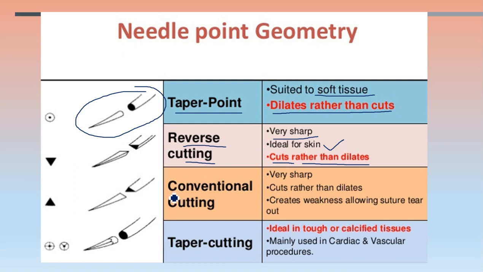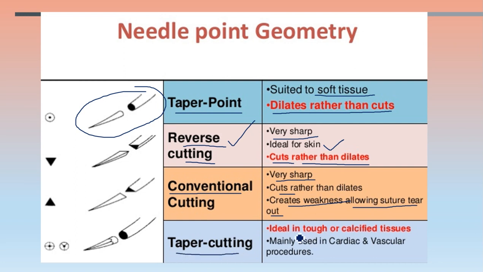Then the conventional cutting needle. Conventional cutting is very sharp. It cuts preferentially, but it creates weakness and it allows the suture to tear out sometimes, a slight disadvantage as compared to reverse cutting, right? Then taper cutting.